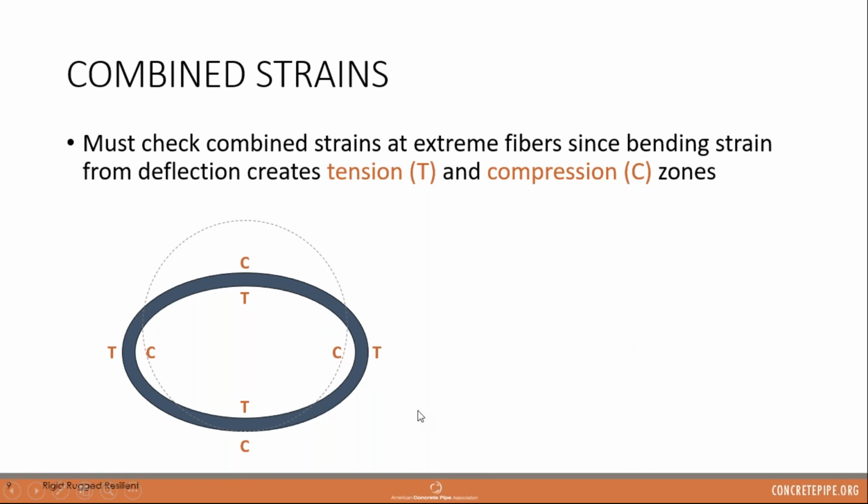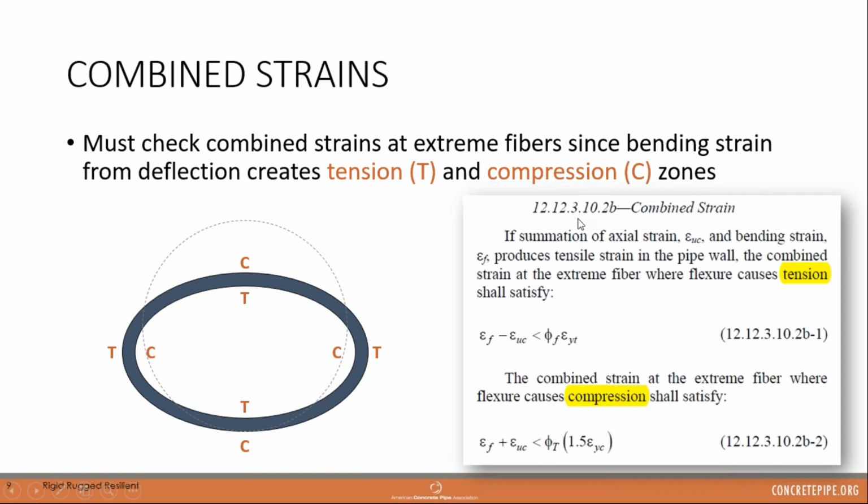The compressive strain can cause yielding or buckling. So these compressive strains are going to add to that thrust value, and we're going to need to check those again against the strain limits that we looked at in those tables.